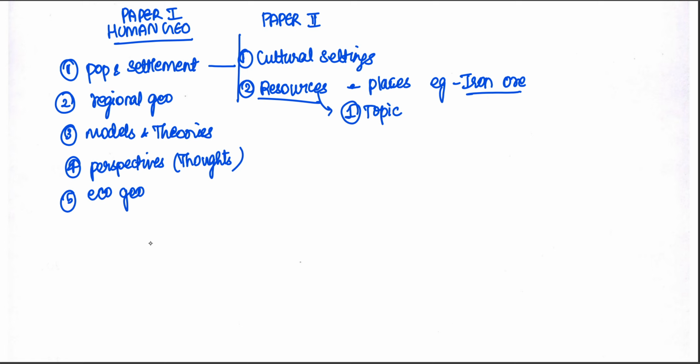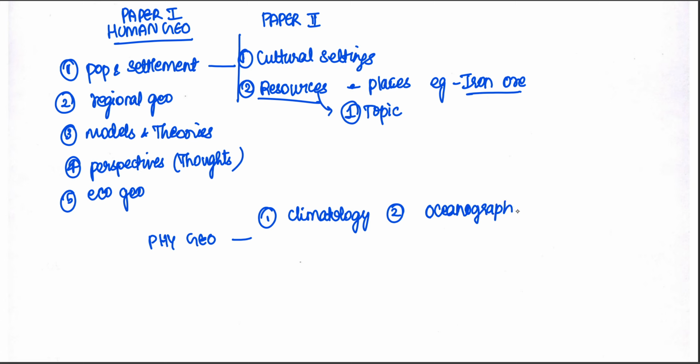When it comes to physical geography, the first topic which we can see is climatology. These are very low hanging fruits, climatology and oceanography. We need to prepare all the topics because there are 10-mark compulsory questions in each paper, right?